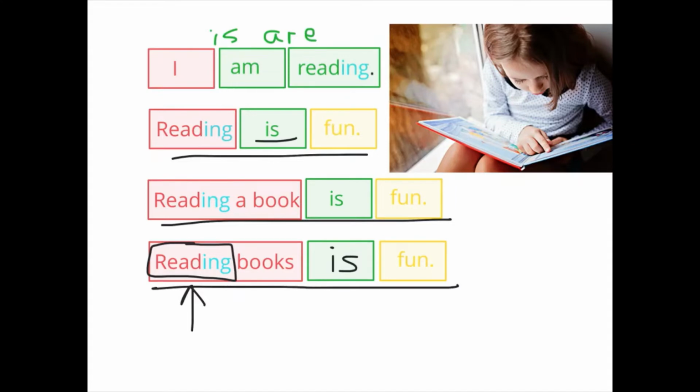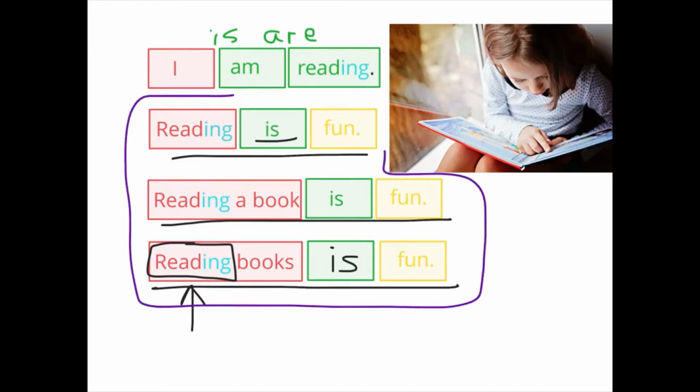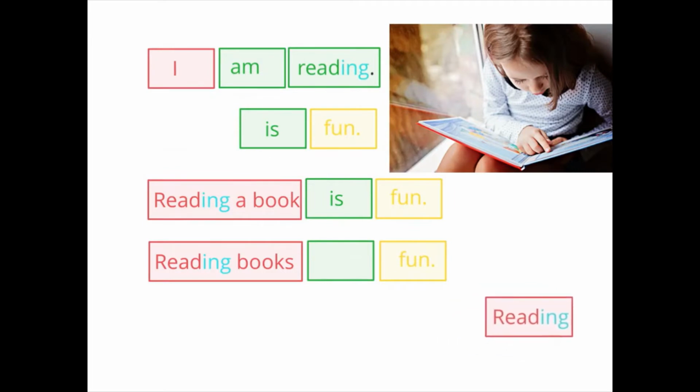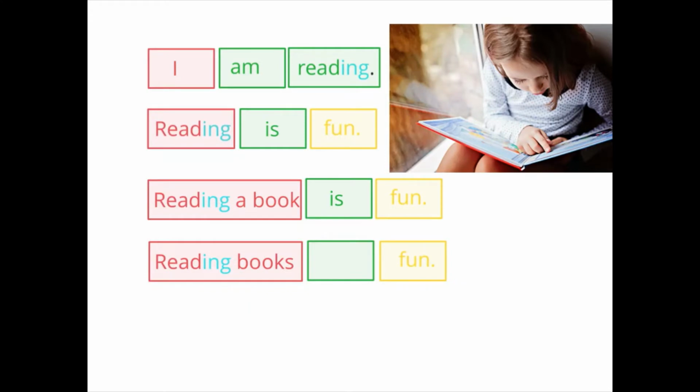This here is how to make a sentence where we take our action verb read, we add ing to make reading, like this, and we use it as the subject of our sentence. Reading is fun. Reading a book is fun.